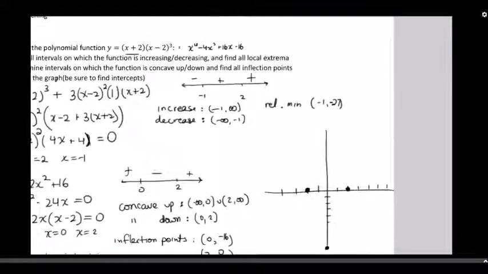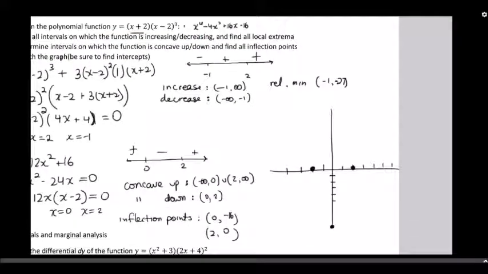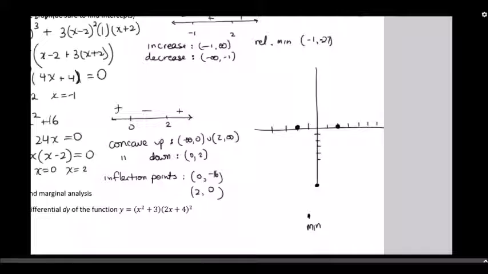And considering the degree of this polynomial, it's degree 4. Even degree polynomials have end behavior that are going in the same direction. And since the leading coefficient is positive, I know that the left side is going up to infinity, and the right side is also going up to infinity.